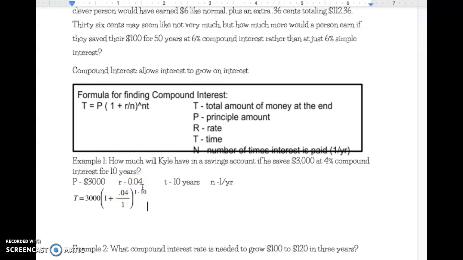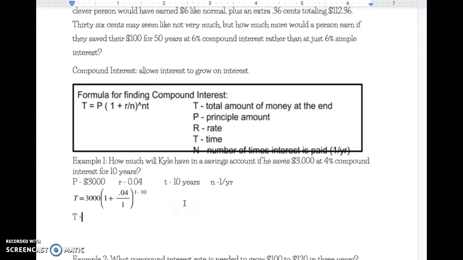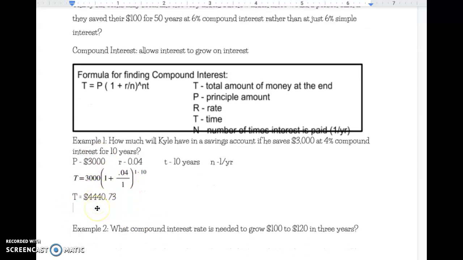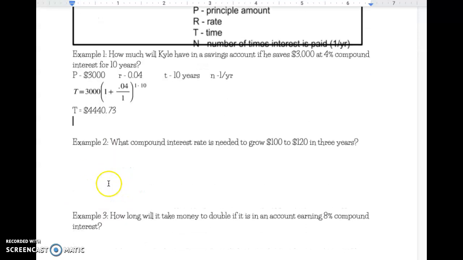We get 1.48, a really long decimal, and then we multiply that times 3,000. So when I do this, I end up getting a total amount, the amount I want in the account, to be $4,440.73. And it's all plugging in just like it was for simple interest.